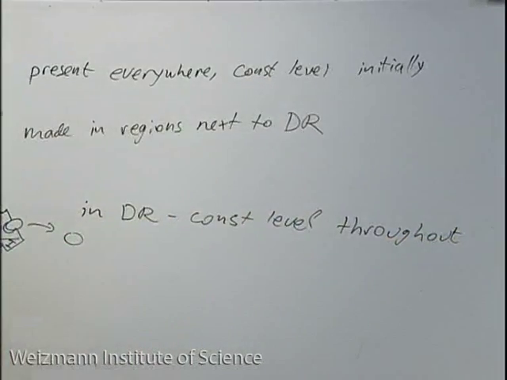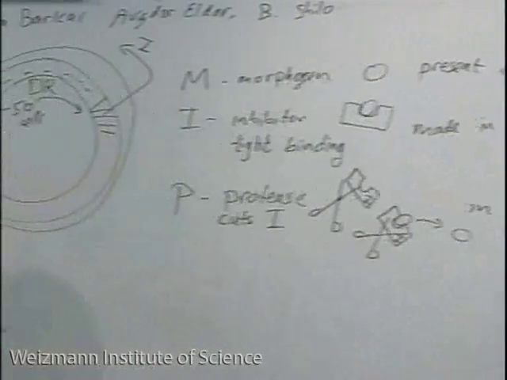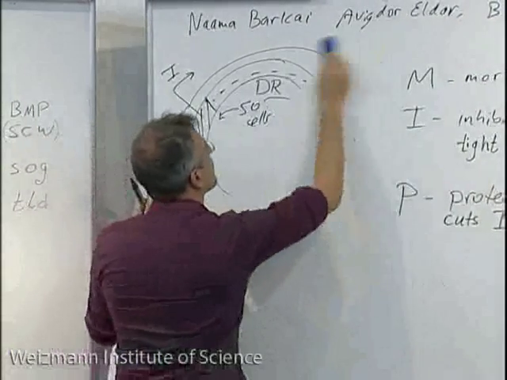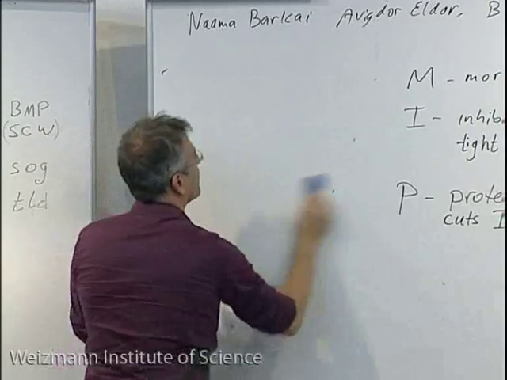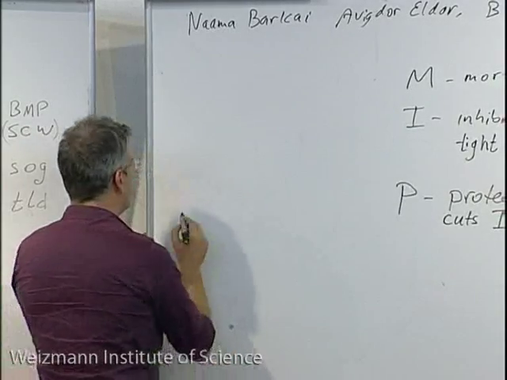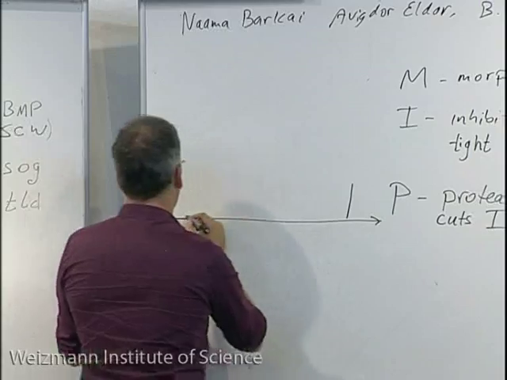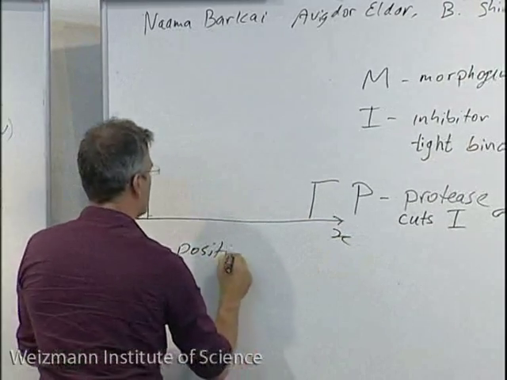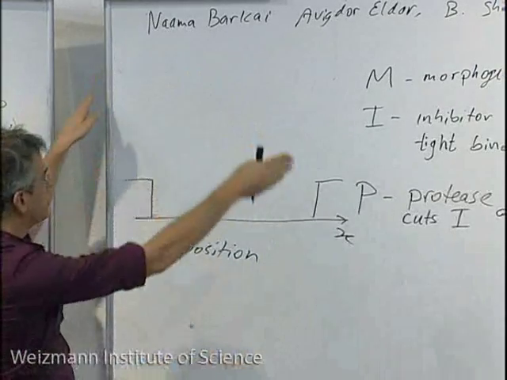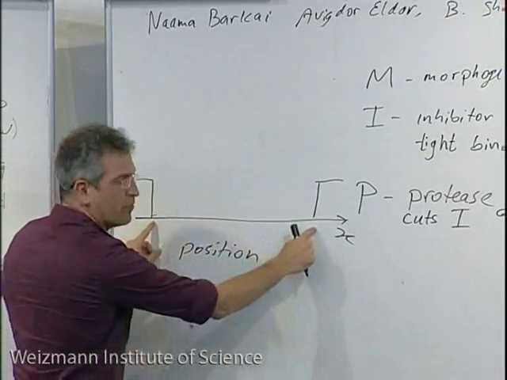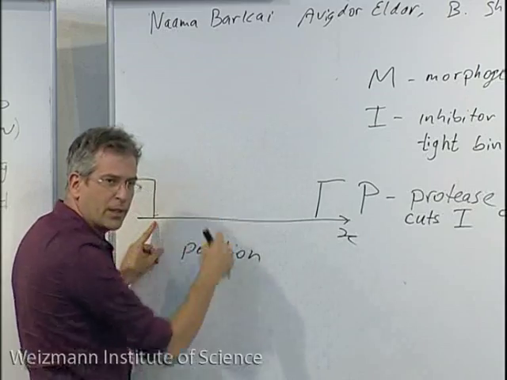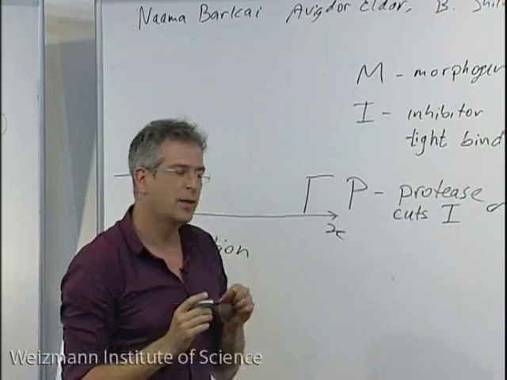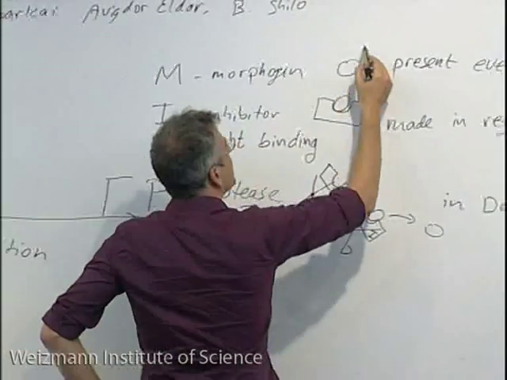So what's the purpose of the circuit? I'm going to draw here the position along the dorsal region, as a line going along it.